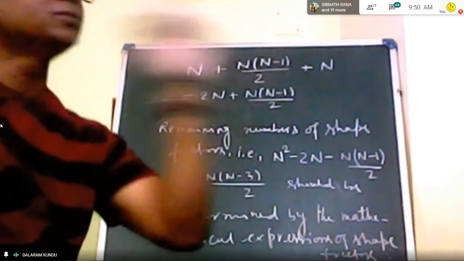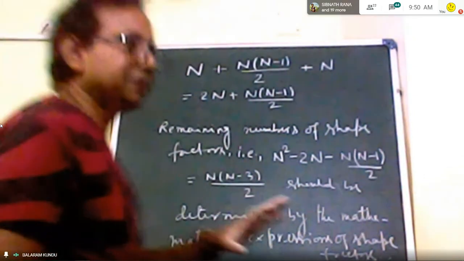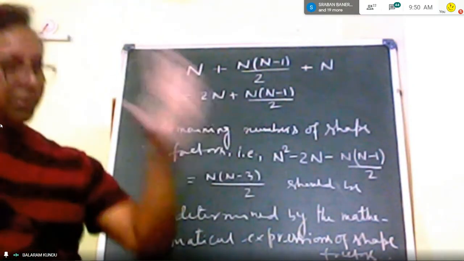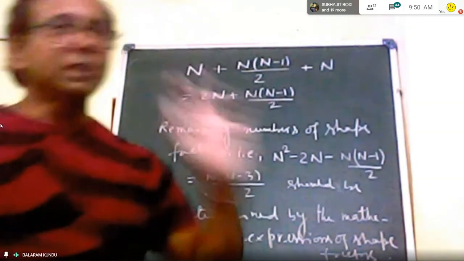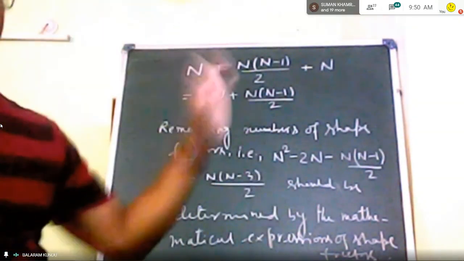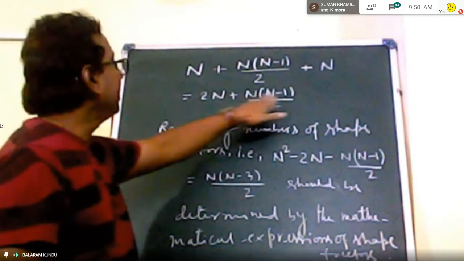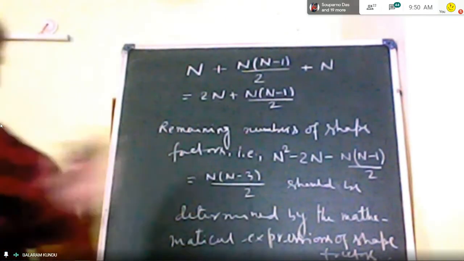The second property, that is the reciprocity relationship. This is also one type of equation, and from that equation, how many shape factor will be possible to determine? That value will be n into n minus 1 divided by 2. That number is possible to determine.